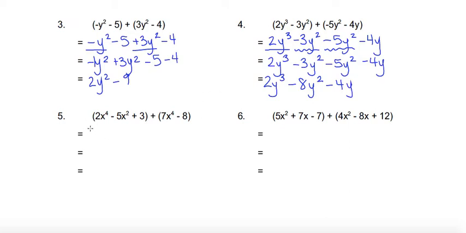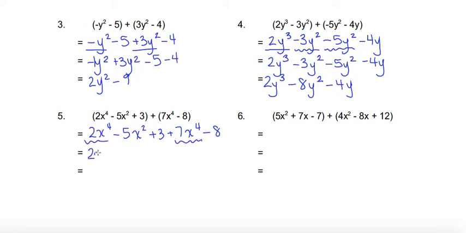Next one, 2x to the power 4 minus 5x squared plus 3 plus 7x to the power of 4, take away 8. So I'm going to collect my like terms. I'm starting with my largest exponent. I have my x to the power of 4.